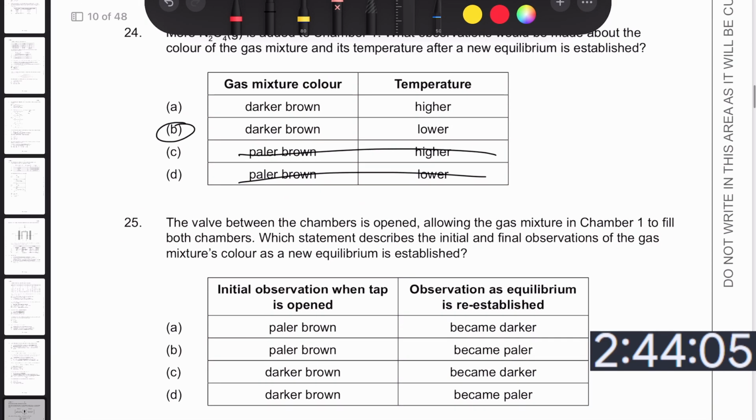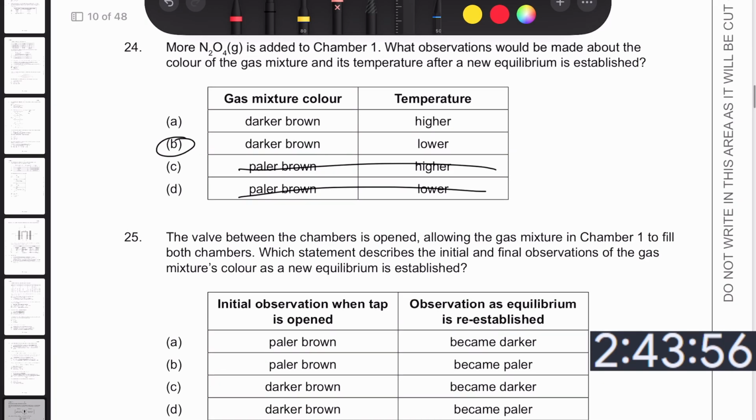The valve between the chambers opens, allowing the gas mixture in chamber 1 to fill both chambers. Which statement describes the initial and final observations of the gas as a new equilibrium is established?